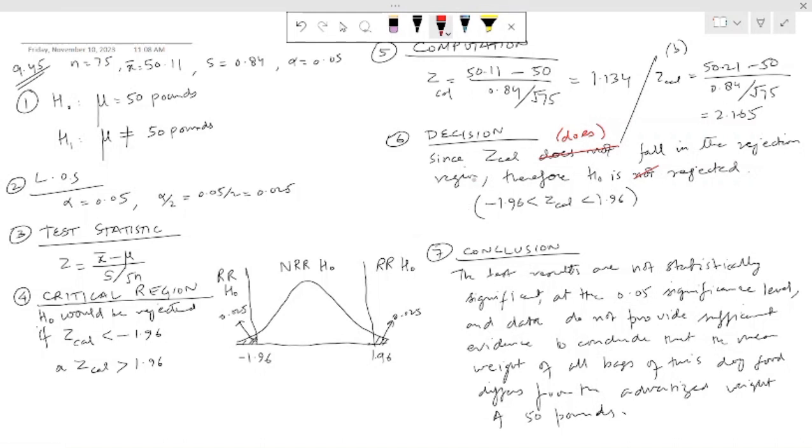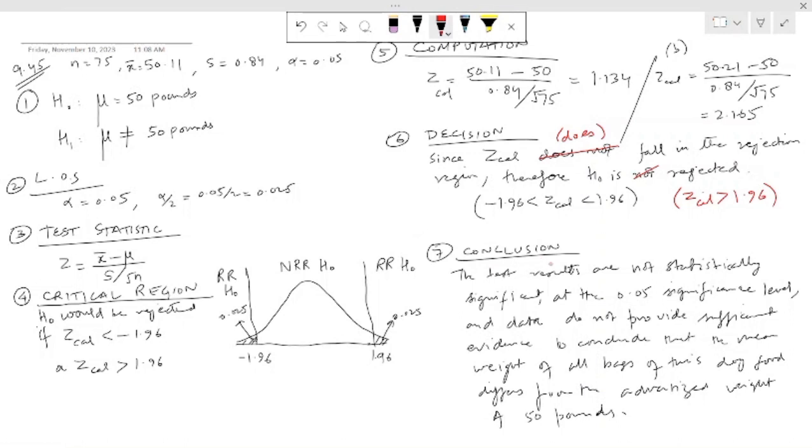Because our decision is altered, over here we will state it as Z calculated is exceeding 1.96. This is a clear indication of the rejection in the right tail part under the curve.